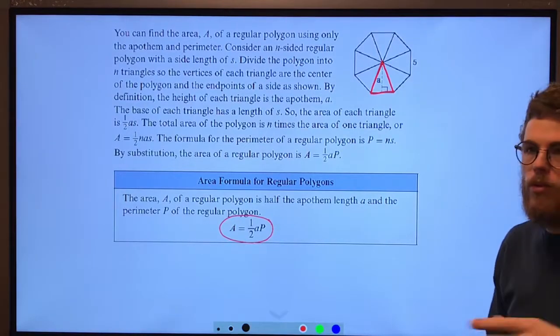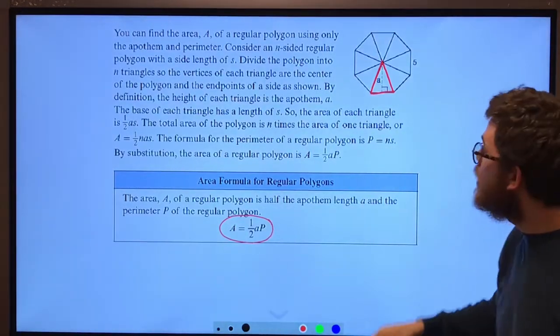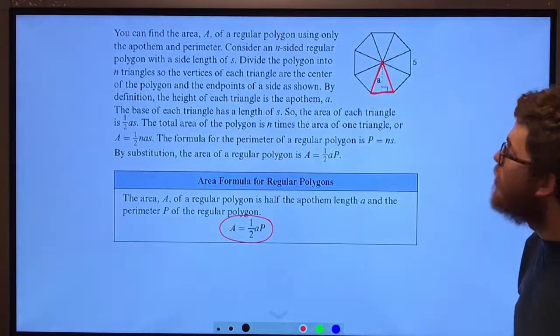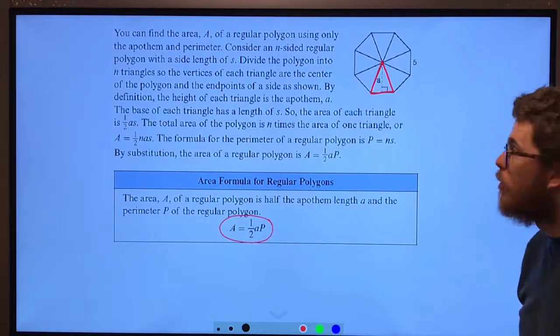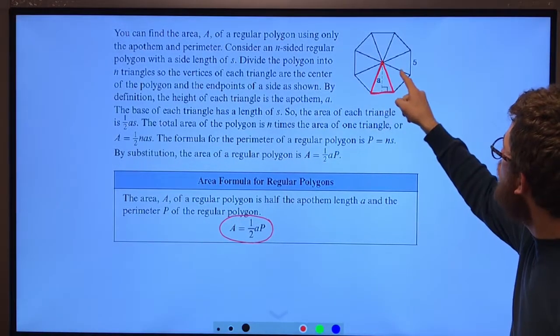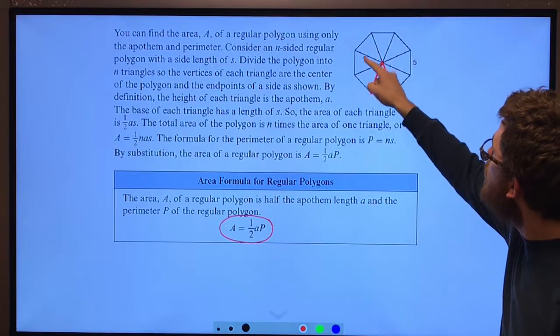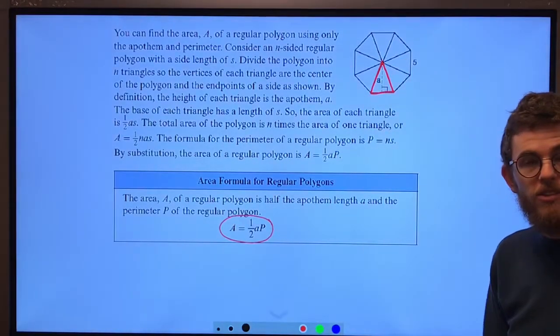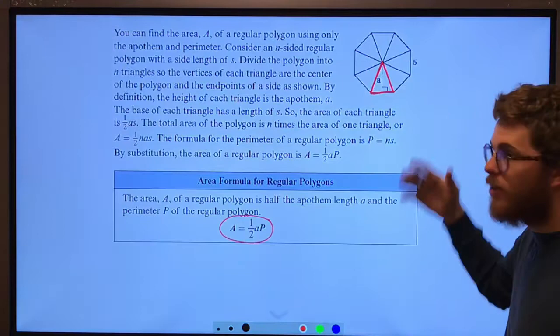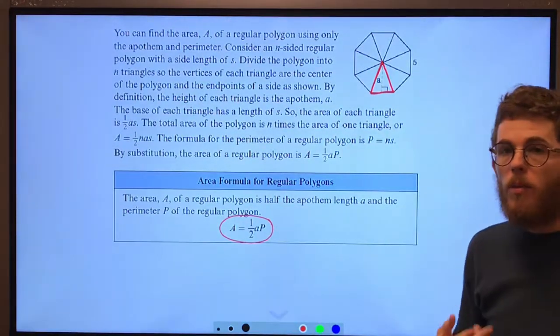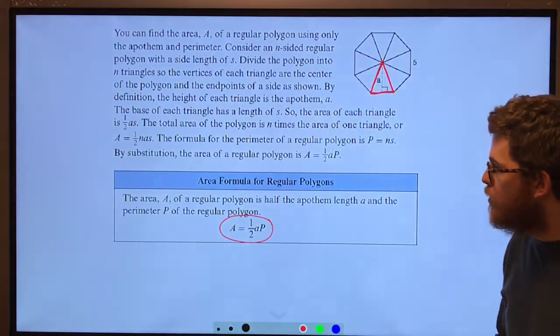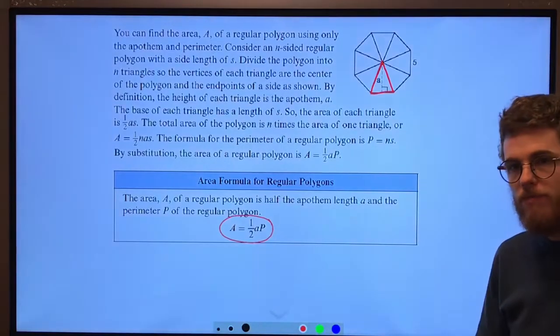So when in doubt, if you couldn't remember this, if you can find the area of that triangle right there, you can multiply that area times 8, because this is an octagon, to get the area of the full figure.